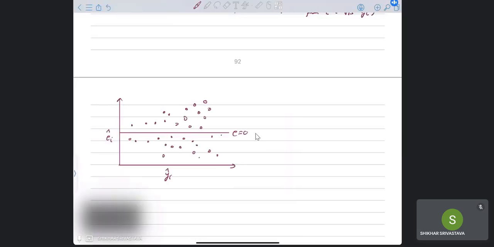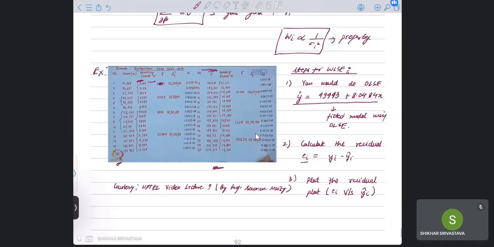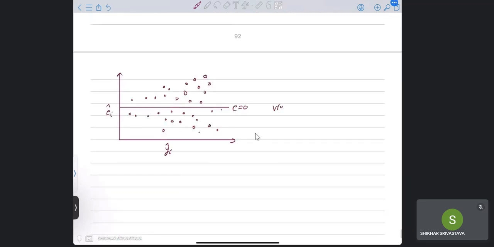Yeah, sorry for the interruption. So what I was telling is that for this restaurant sale data, if you plot this residual plot, you'll see that your variance goes on increasing as y cap increases. That means the constant variance assumption is violated over here.